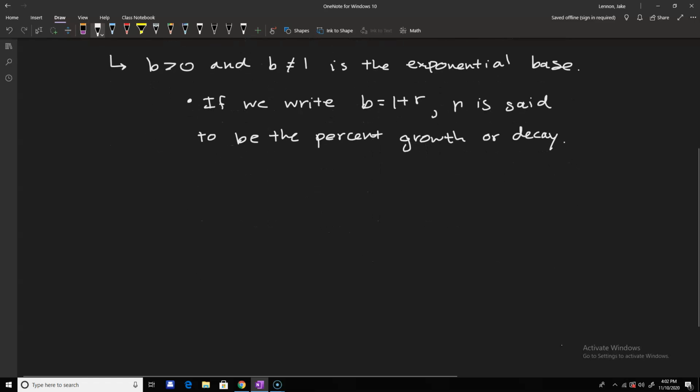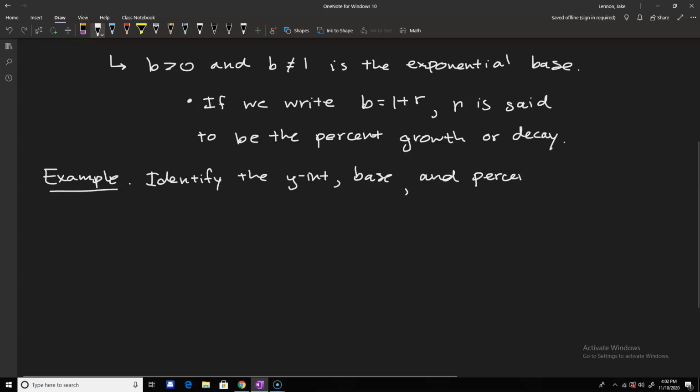So let's see what that looks like in an actual example with some numbers. So in this example, let's say we want to identify the y-intercept, the base, the exponential base, and percent change of each exponential function.